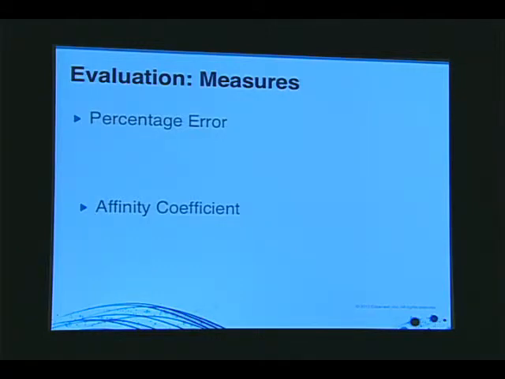And then you compare them with the affinity coefficient. Basically, this coefficient is equal to 1 if the two histograms are completely equal, or it is closer to 0 if there's a bigger difference between these histograms. And similar, the percentage error, but just the other way around. This error is, of course, better the smaller it is.